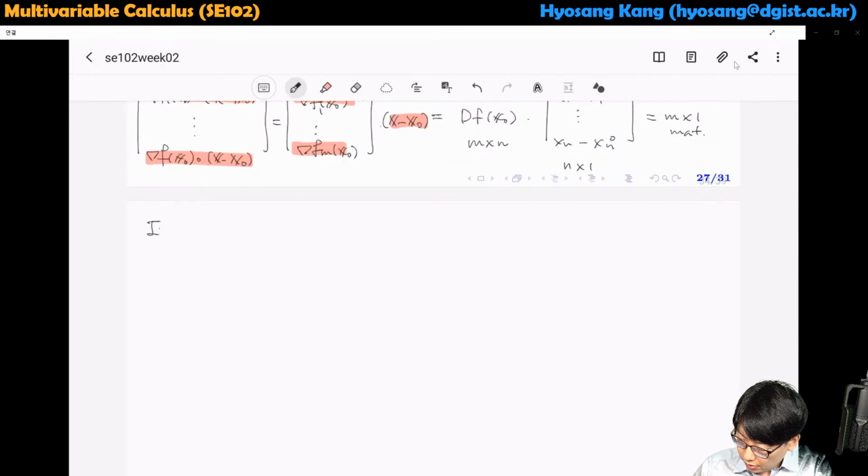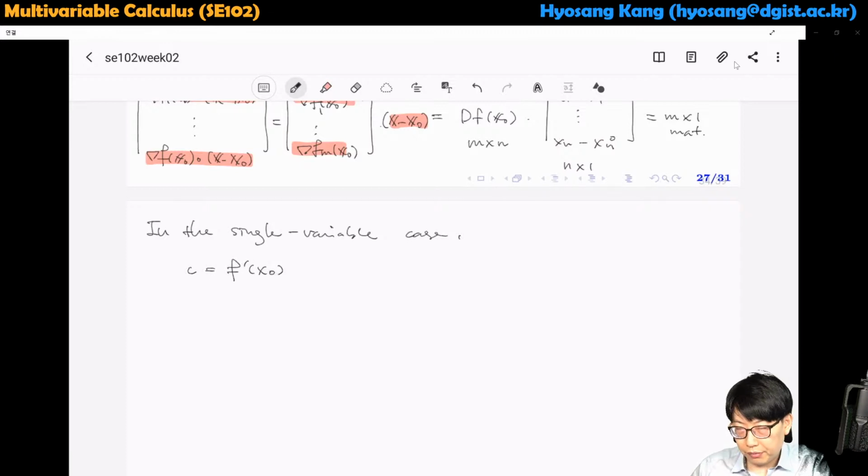In the single variable case, let's say we take c as f prime x0, so it is the slope of a tangent line.